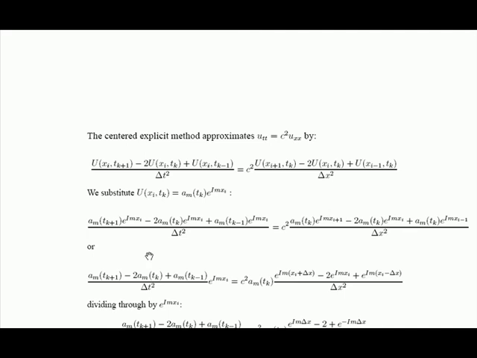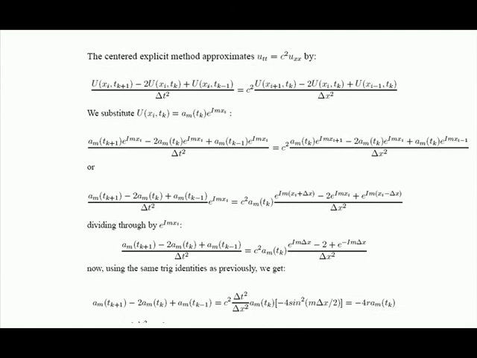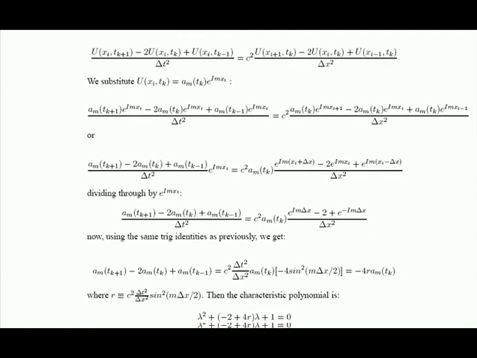Now the left-hand side we can factor out the e to the I m xi, and the right-hand side we can factor out the am of tk because they all have am of tk in them. And as always, we divide through by e to the I m xi to get rid of the xi's. And the left-hand side is this.